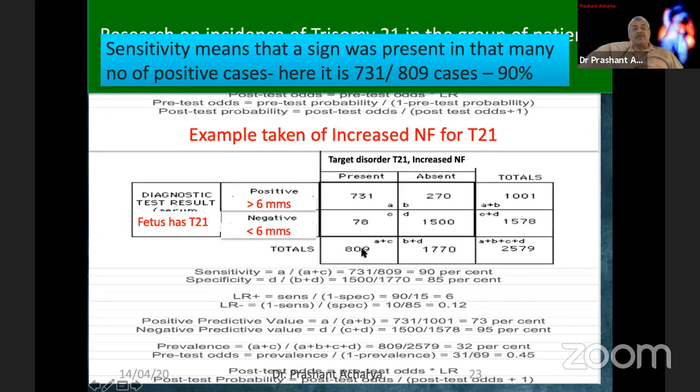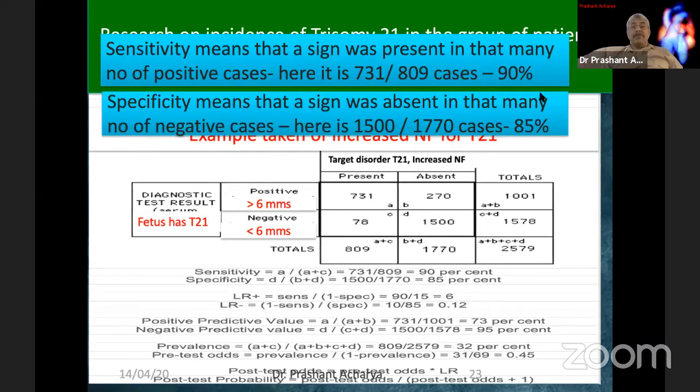So it has a capacity of diagnosing 90%. 731 divided by 809 is 90%. So the nuchal fold thickness has a sensitivity of 90%. It can detect 90%.